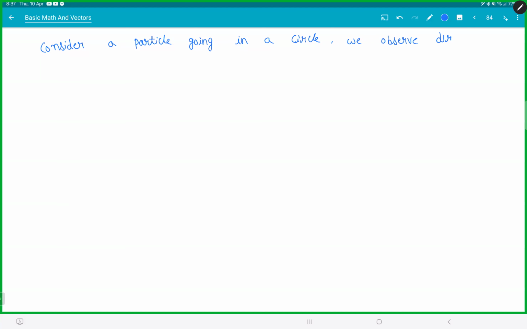Now, this is very inconvenient. If I want to define this, every time I have to define a vector which is changing with time, it becomes a little difficult. So we want something more convenient. So someone came up with an idea. Why don't we use the right hand thumb rule?